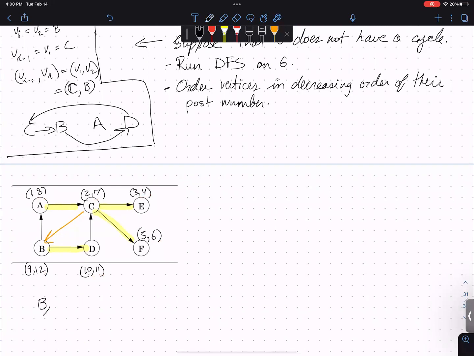Okay. What's next lower after B? D. Right, D has 11. What's next? What has the next lowest number after D?